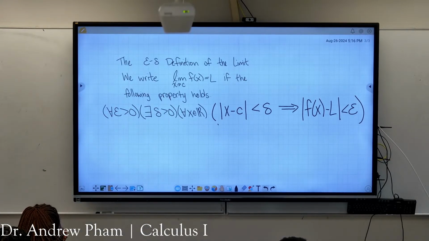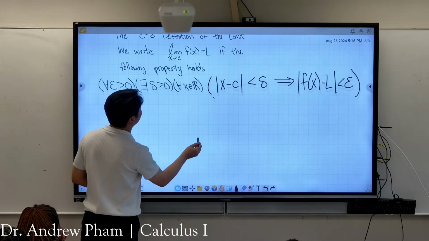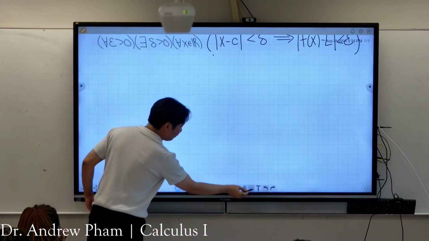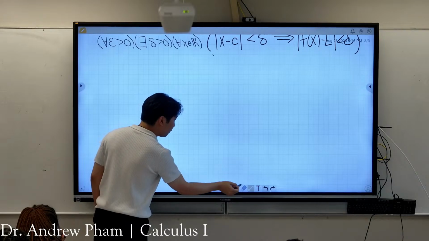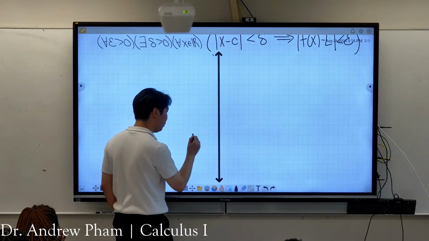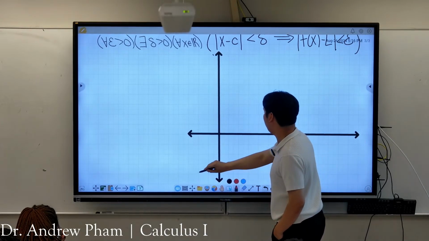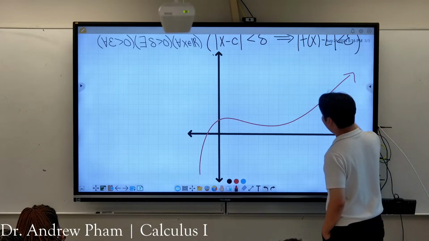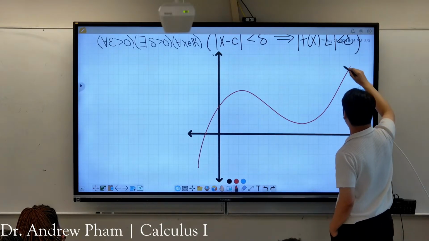All right, so let me move this up. I'm going to draw a graph, just generically. It's a really thick line. It's drawing some random graph. Let me put a little bit more of a turn into it.